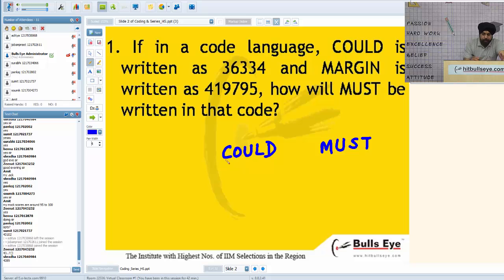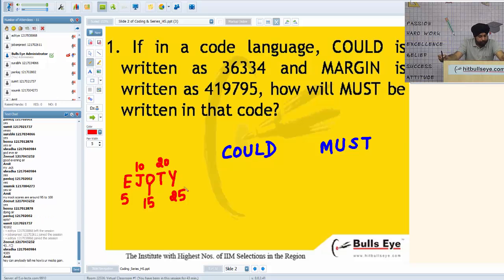See, the coding which has been done over here is, students, before I tell you that, let me tell you a word. Just remember the word EJOTY. It's a non-dictionary word, but it basically tells you to remember the positions of all the alphabets in the alphabetic order. I think you all know that there are 26 alphabets, and the position of these 5 alphabets, I have written it over here.